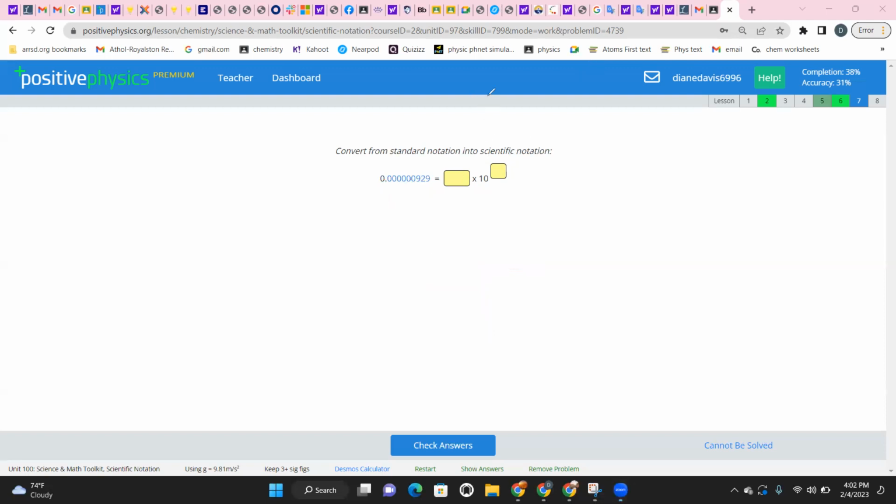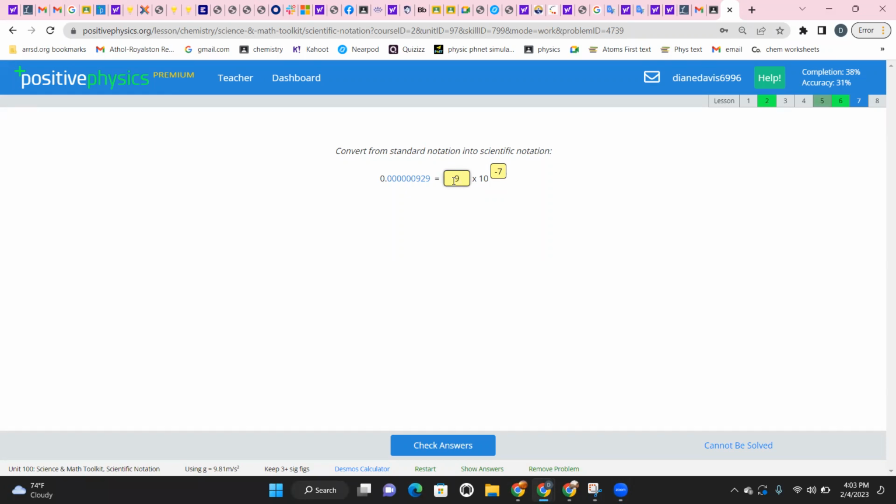Therefore, that was 7 hops, and we need it to go to the left, right? Because that is where we want the decimal. If we're putting it in scientific notation, we're telling somebody which direction to move the decimal point and how far.